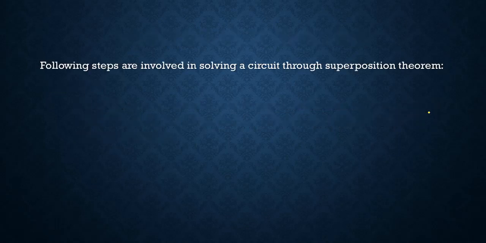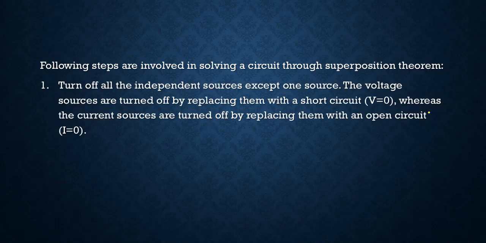The steps involved in solving a circuit through the superposition theorem are that first of all you need to analyze the circuit, see how many sources are present in it, and then turn off all the independent sources except one single source. We know that if we are turning off a voltage source, we need to make its magnitude equal to 0, and magnitude equal to 0 is the characteristic of a short circuit.